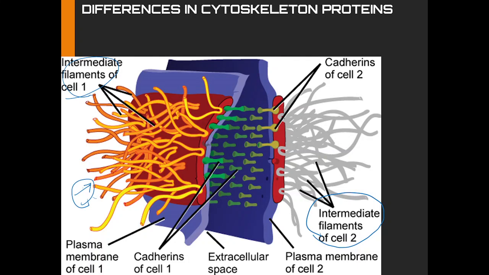So they provide tensile strength and mechanical support. That is the function of the intermediate filaments, and it mostly consists of a scaffold of proteins. As I mentioned, they don't have any enzyme activity similar to the microfilaments or microtubules.